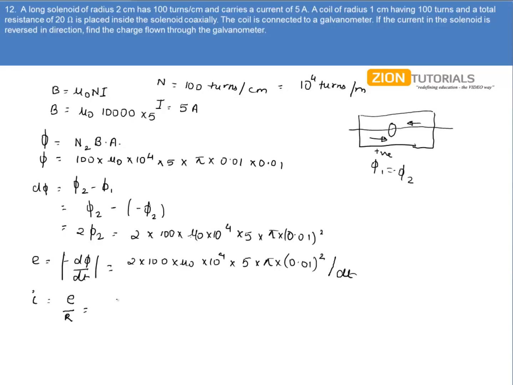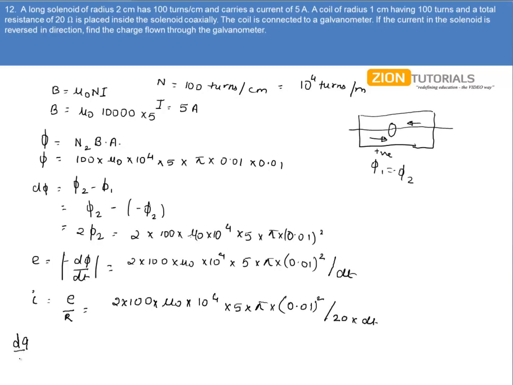So EMF is 2 into 100 into mu naught into 10 to the power 4 into 5 into pi into 0.01 whole square divided by 20 into dt.